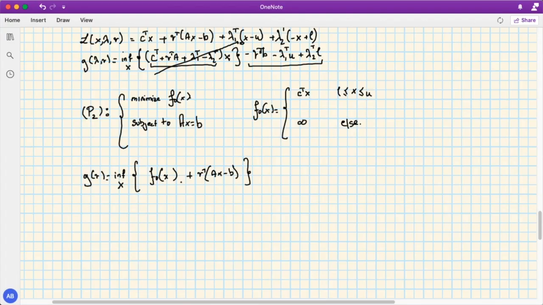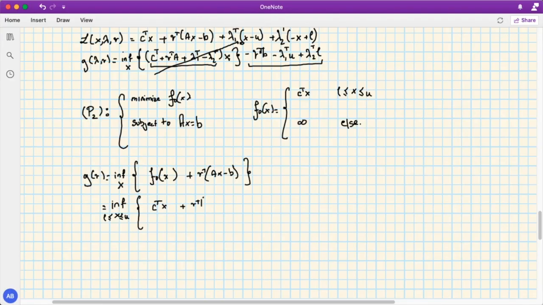Now, since f0 of x is finite only when x lies within the box, it's the same as taking the infimum over that box where I have a finite quantity, c transpose x.